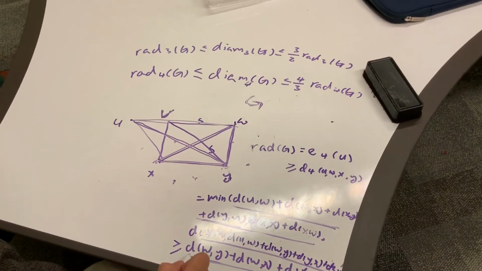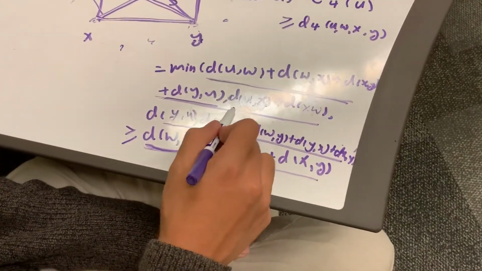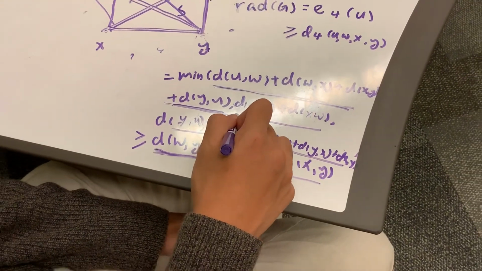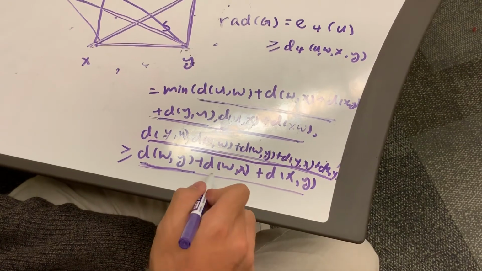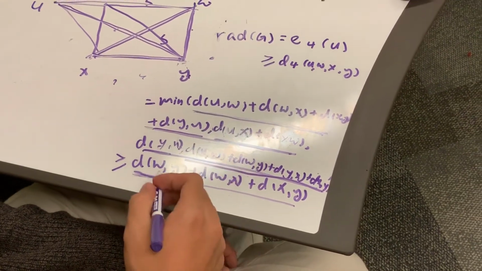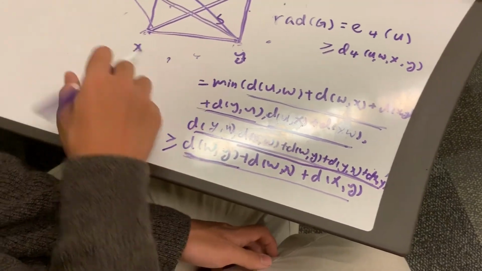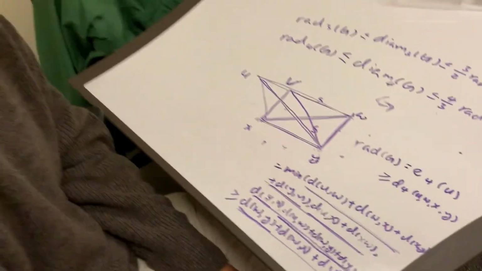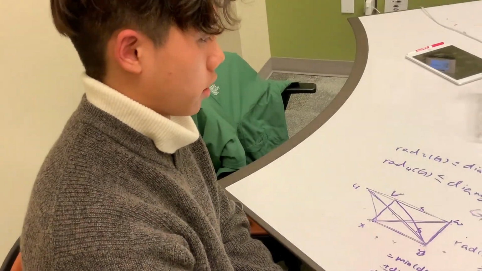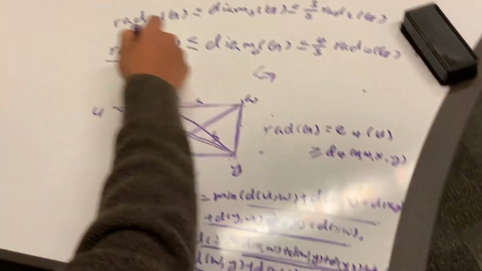So you have dwy here, and then if you just apply the same mechanism to the following 2 sets of distances, you'll get that the whole thing is bigger than dwy plus dwx plus dxy. And eventually, if you do the same thing Brian explained in the last clip, you get to an equation like this.